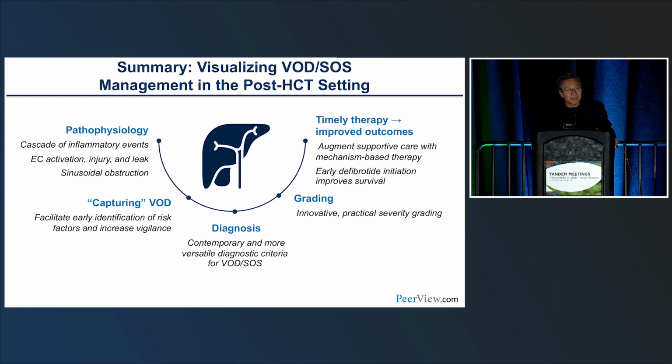We have improved on the grading, so if we get to severe before they get to very severe, the outcome should be better. And then obviously early initiation of drug seems to be quite helpful, and then augmenting the supportive care clearly is important.